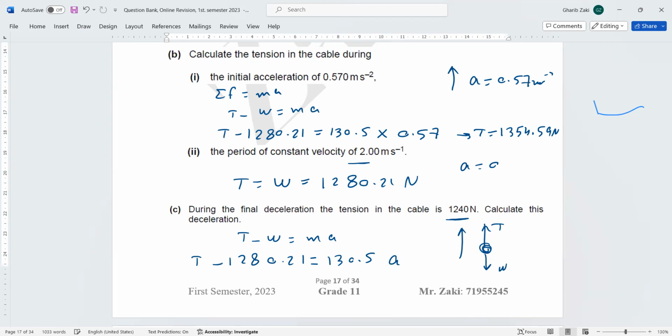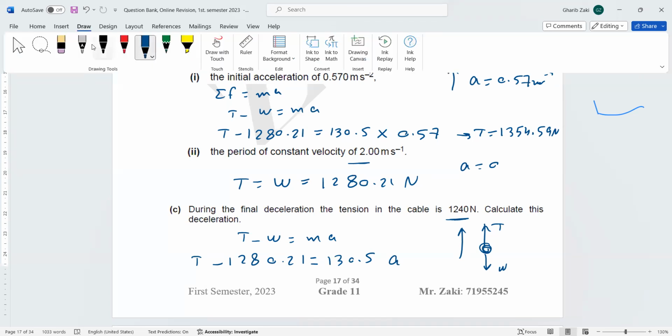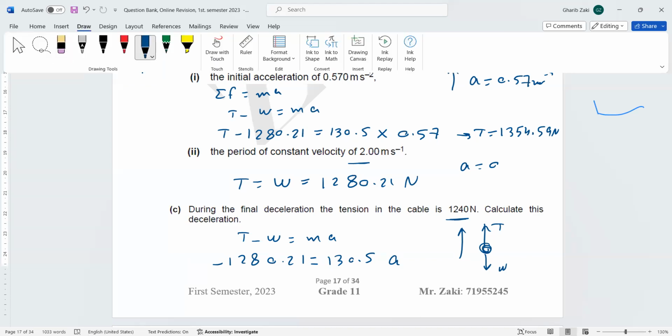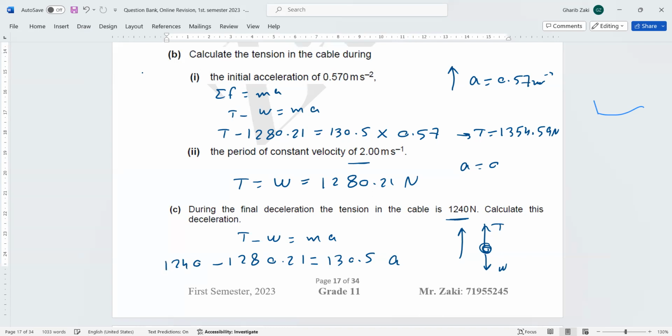He gave us the tension, then we replace the tension by its value, 1240. We can get the deceleration. Then we write 1240 minus 1280.21, of course it will be negative, divided by 130.5.